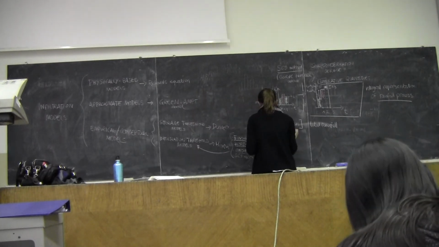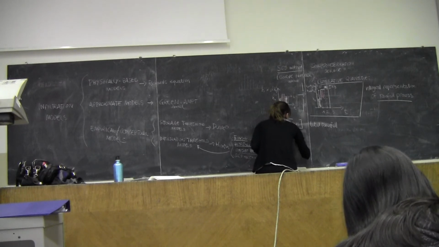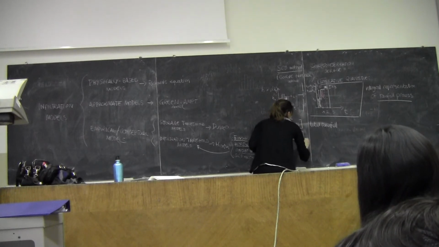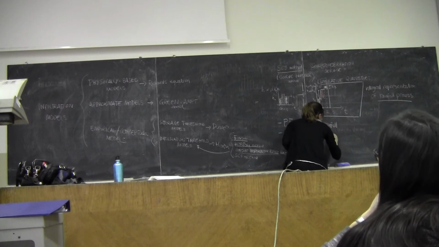The second variable is IA, expressed again in millimeters, which is the initial abstraction.